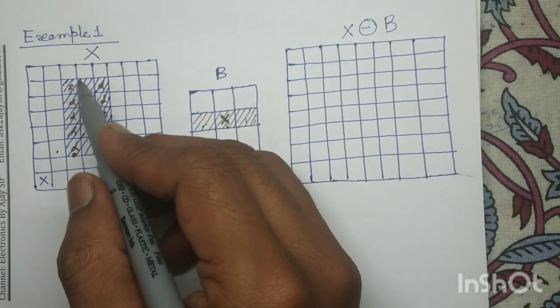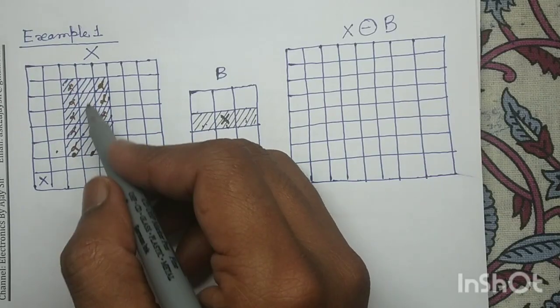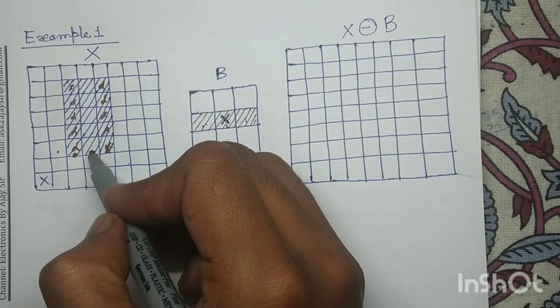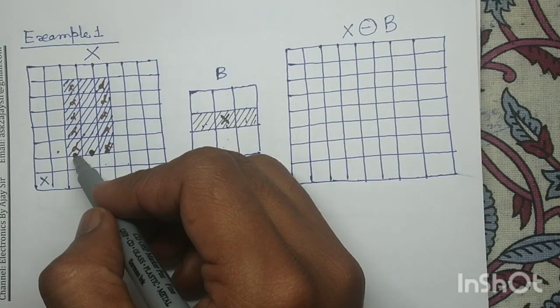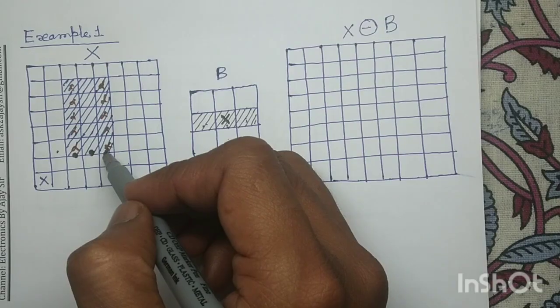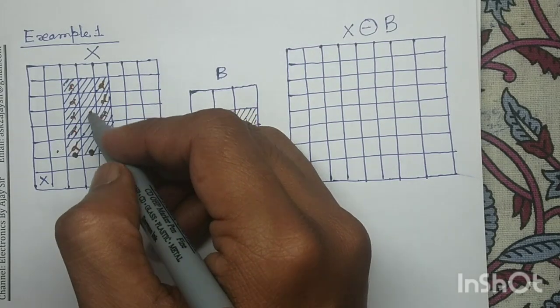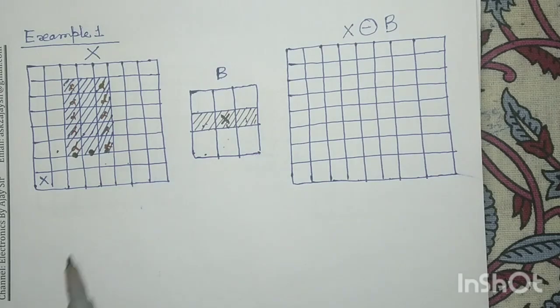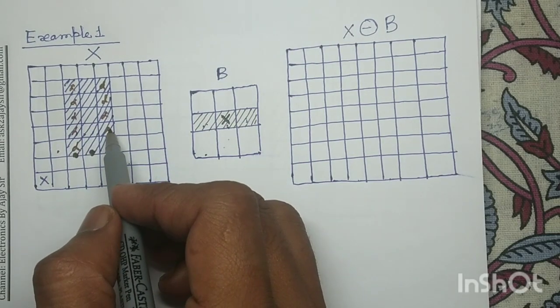Now coming to these 5 pixels, for these 5 pixels, the center pixel value is logic 1 since these are shaded pixels. Their left side pixels are also shaded, it means they are also logic 1. Their right side pixels are also shaded, it means they also have the logic level 1. So only these 5 pixels satisfy the criteria: center pixel is 1, left side is 1, and right side is also logic 1.